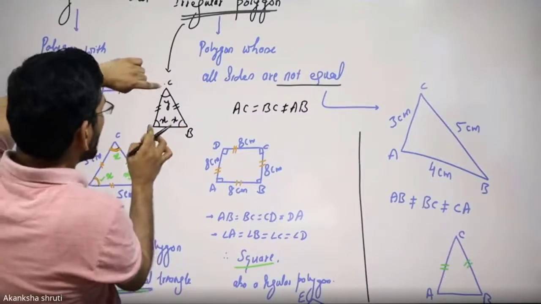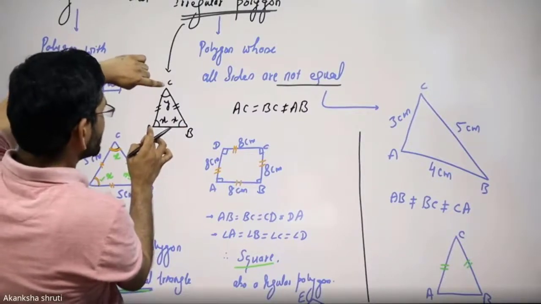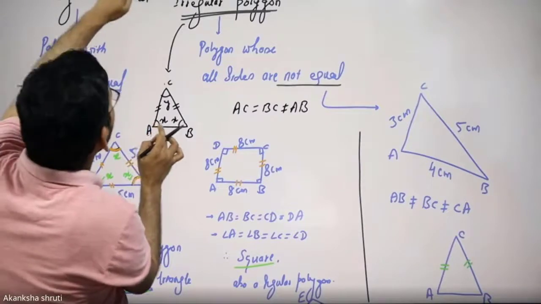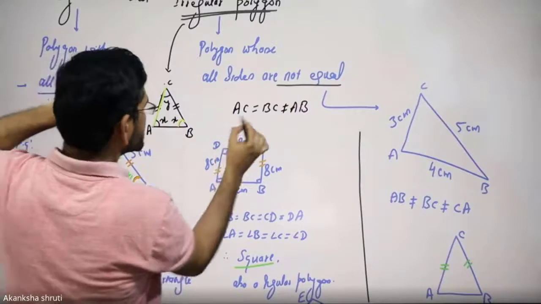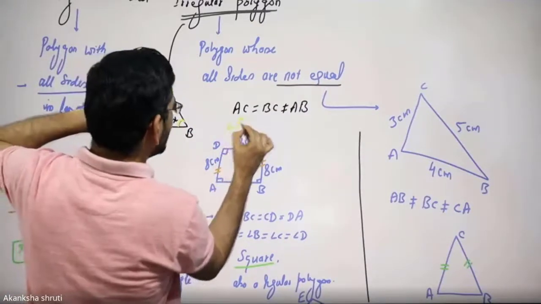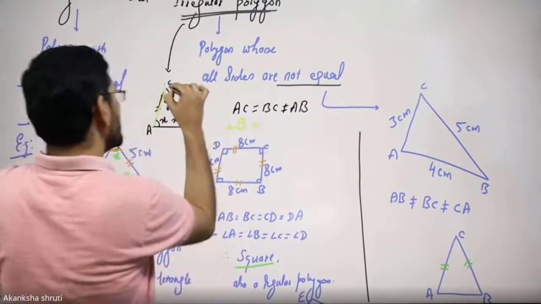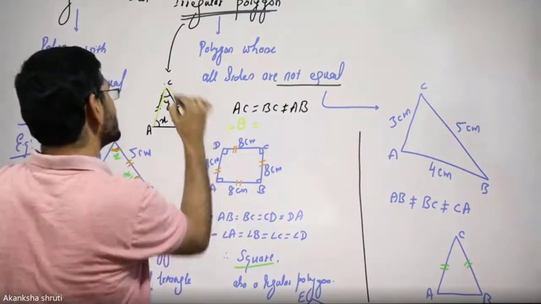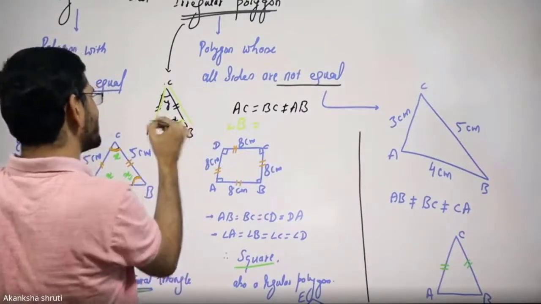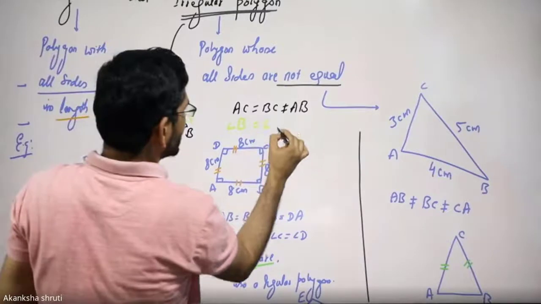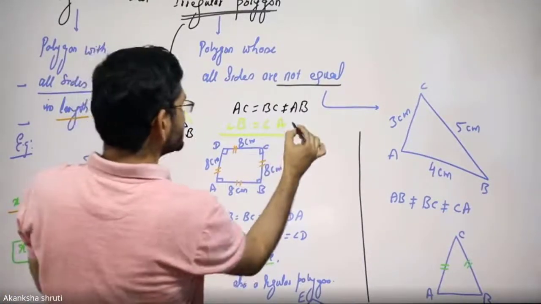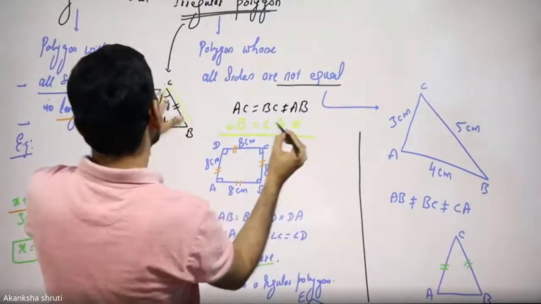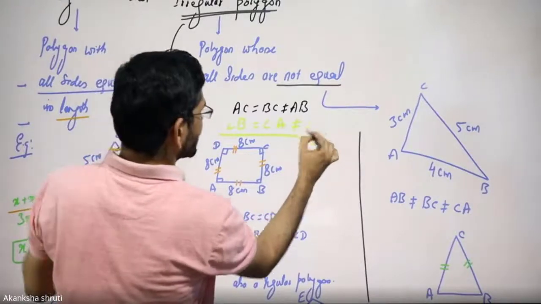So side AC we have considered, and the angle in front of this AC is our angle B. So we have to write angle B equals the angle in front of BC, which is our angle A. So these two conditions are satisfied. But this is not equal to the included angle C. Okay, student?